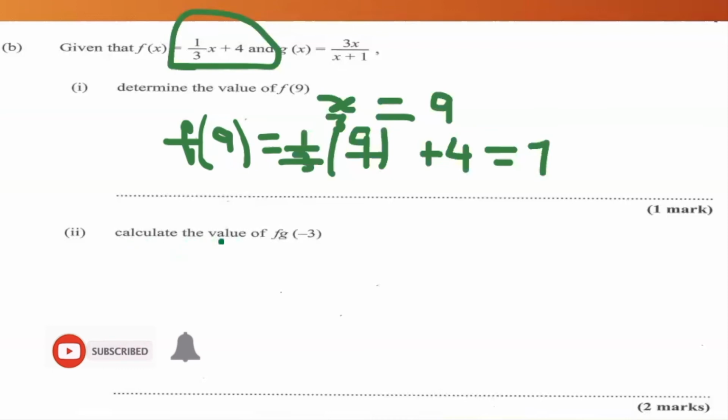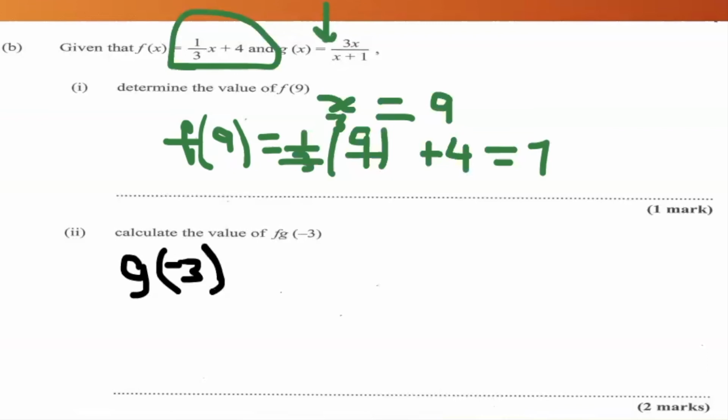This one is asking to calculate the value of f(g(-3)). So it's asking us to substitute -3 into g, and the result that I get, I substitute into f. So g(x) is this, and I will replace x with -3. So I'm going to find g(-3) first.